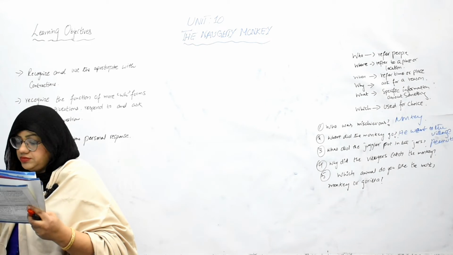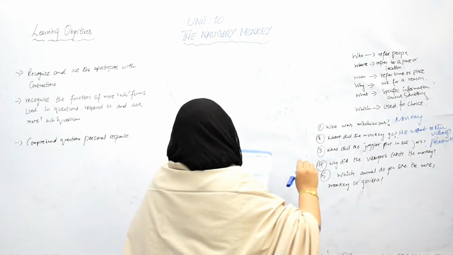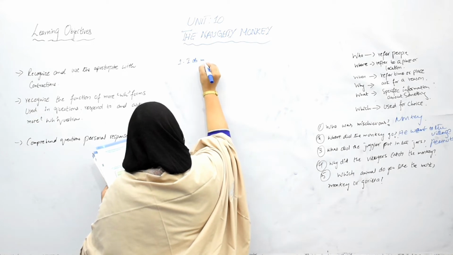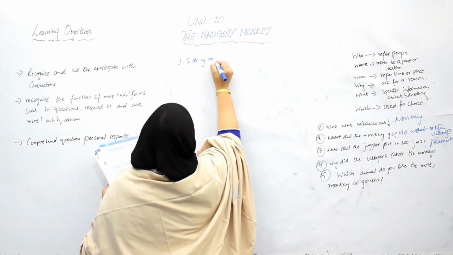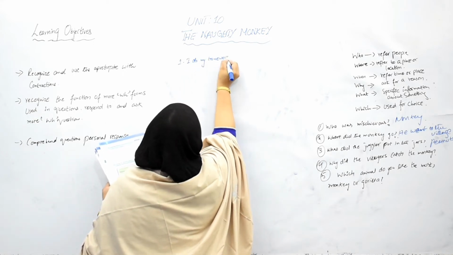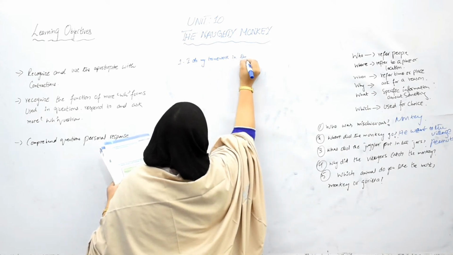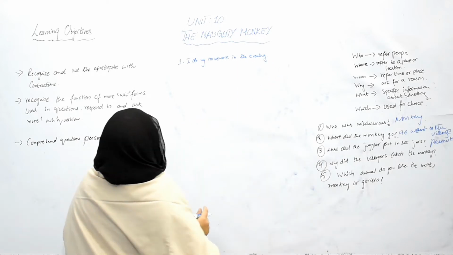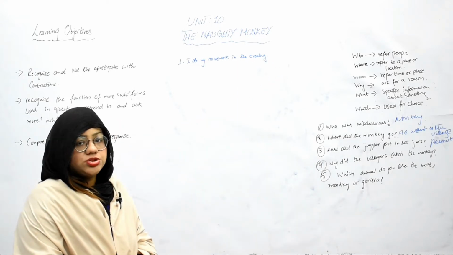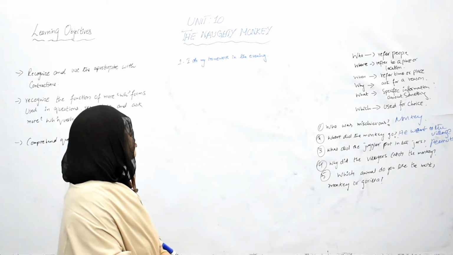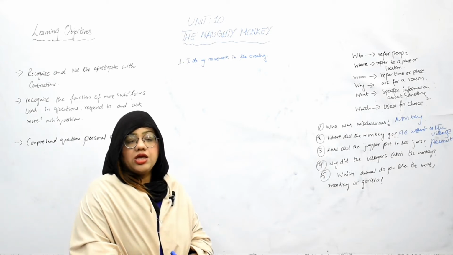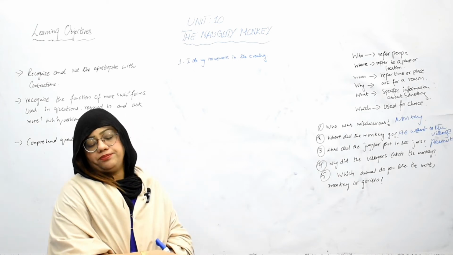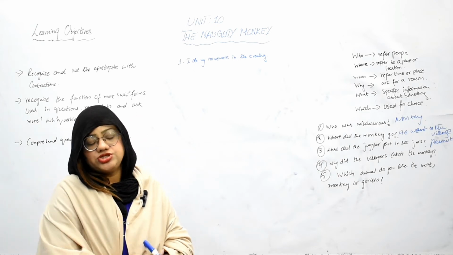Let's start with: I do my homework in the evening. Look at the statement. I do my homework in the evening. Now I need to change that into question form. So how can I change it?